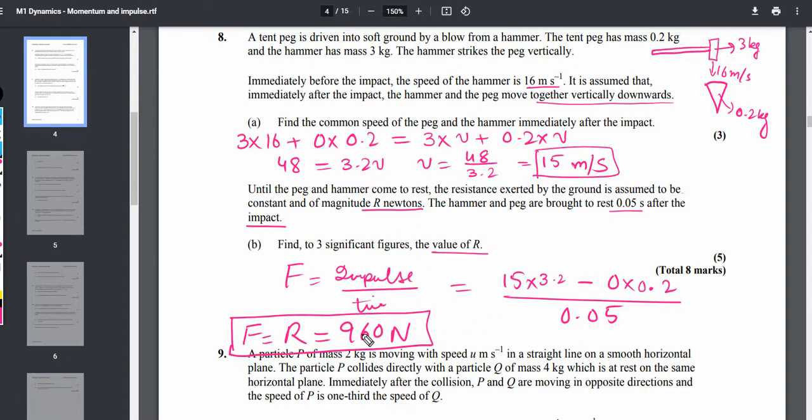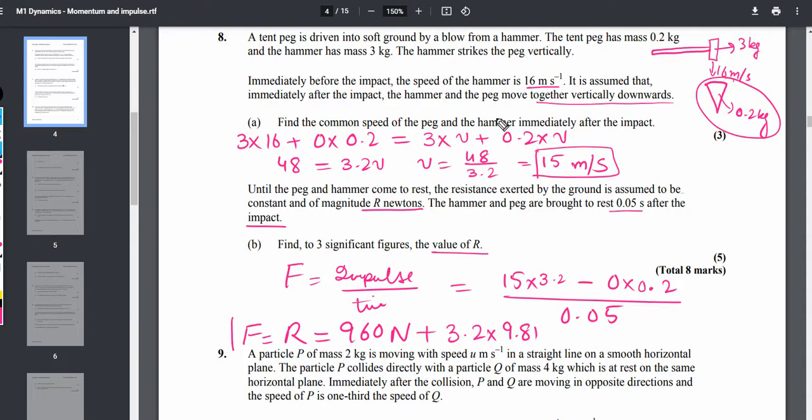960 is the force that is due to the change in momentum. But over here we have to consider one more fact, and that is the weight. Because the peg is going down, the force is exerted by the ground against the weight. So we have to add the weight into this 960. The weight is 3.2 times 9.81, where 3.2 is the mass of the peg and the hammer, because both are coming together in the downward direction.